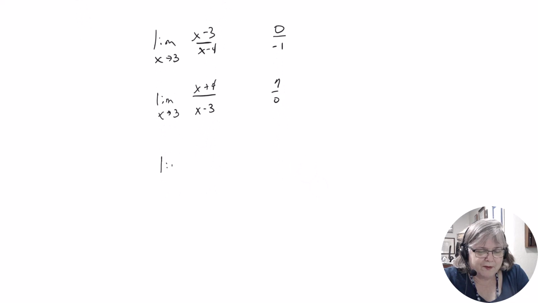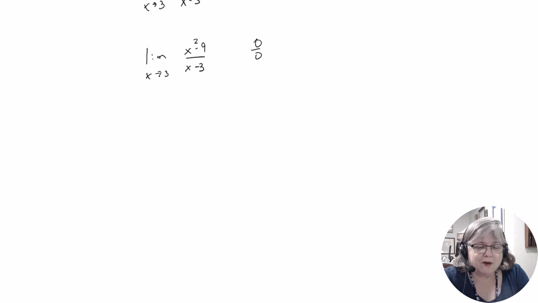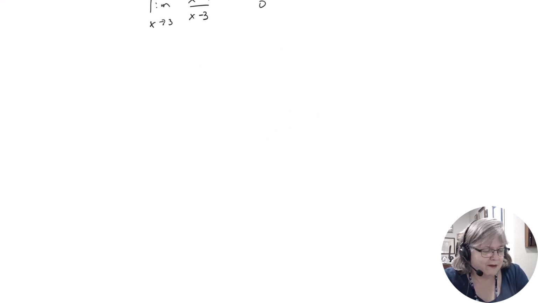If you had the limit as x goes to 3 of x squared minus 9 over x minus 3, this would be 0 over 0. That is the indeterminate form. So you can only apply it when you have 0 over 0, not 0 on the top or 0 on the bottom. You have to have both.